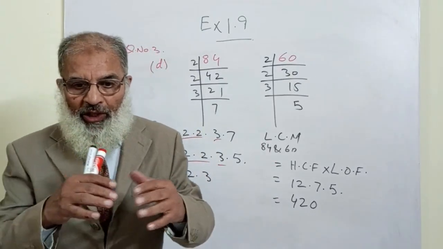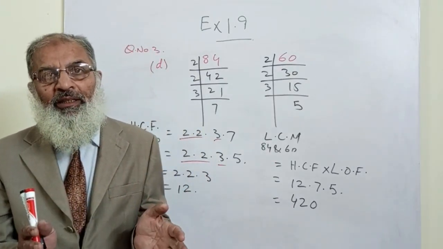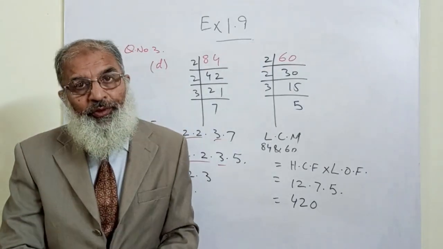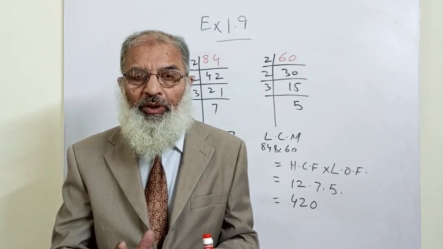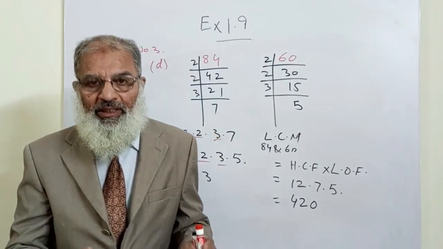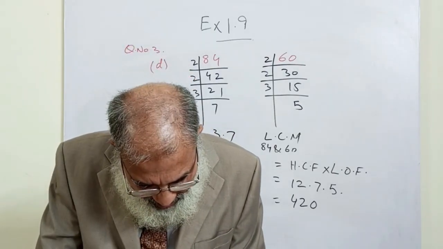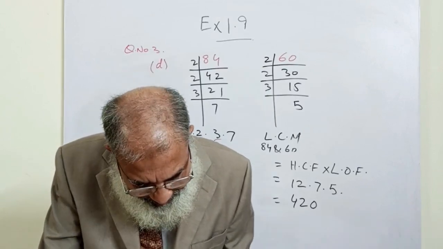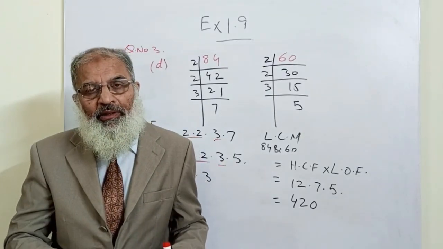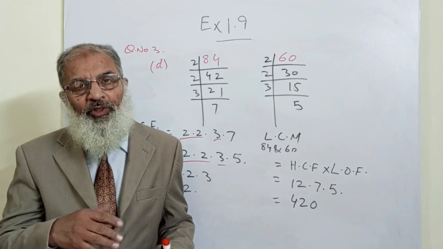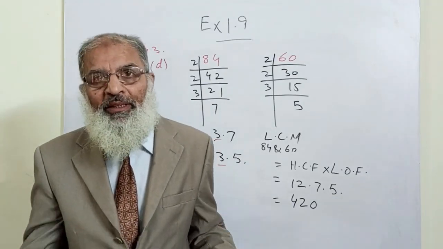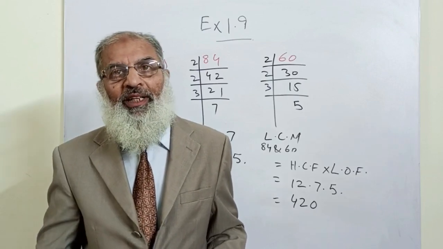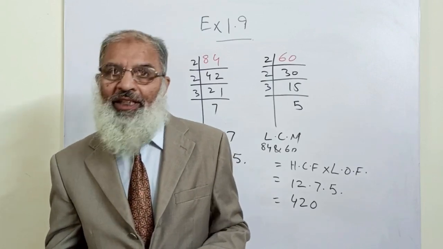If you have to find the collective thing, then you have to find the LCM. You have to recognize it by yourself and apply the logic by yourself, according to what the statement is saying to you. If the question says how many, or gives enough numbers, that means you have to find the LCM, or otherwise HCF.